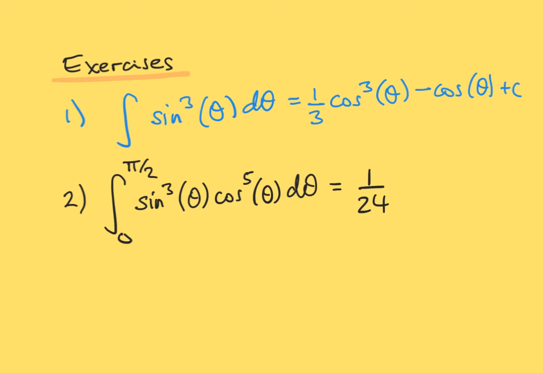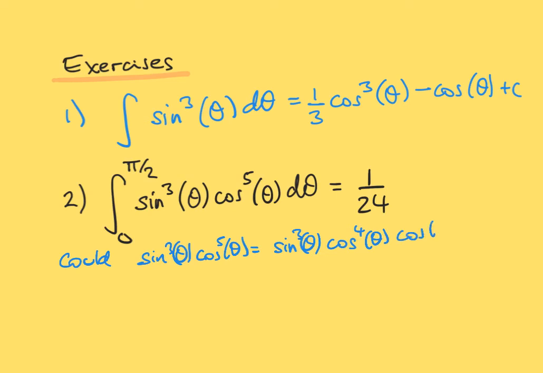Okay, here's a hint for you about how to perform the second integral. So what you could do is you could write sine cubed theta times cos to the 5th theta as sine cubed theta cos to the 4th theta cos theta.